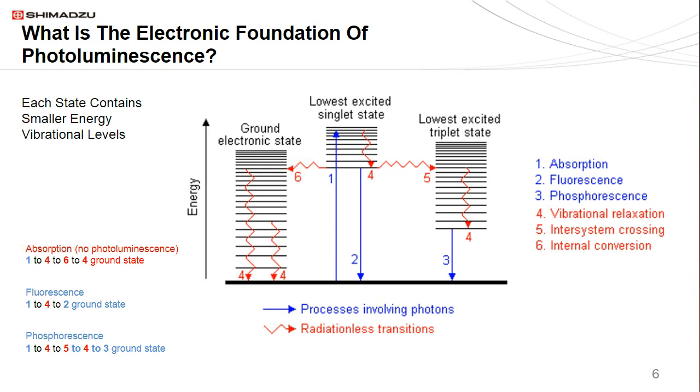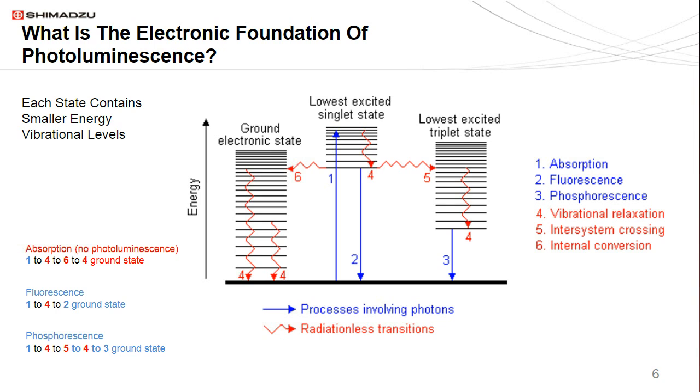For fluorescence, you go from 1 to 4 again to the lowest level of the excited state, and from there you have now the emission of a photon, which is number 2 for fluorescence. For phosphorescence, you go from 1 to 4, and now to 5, which is intersystem crossing, again through 4, and then back down to the ground state through the emission of a photon in phosphorescence.